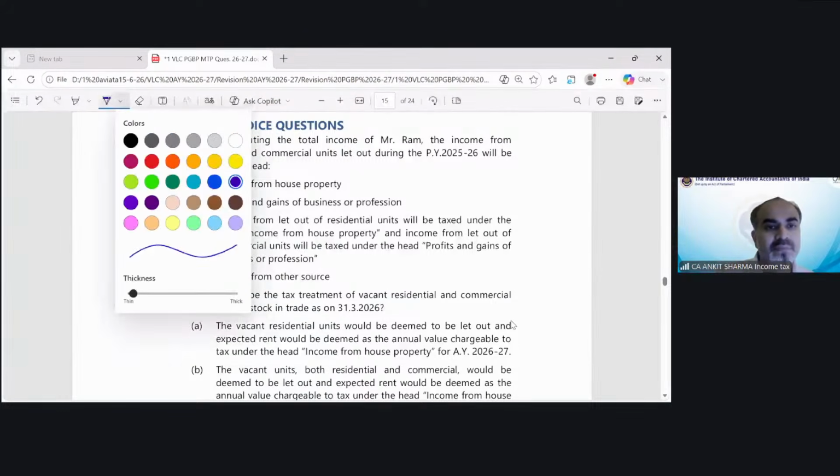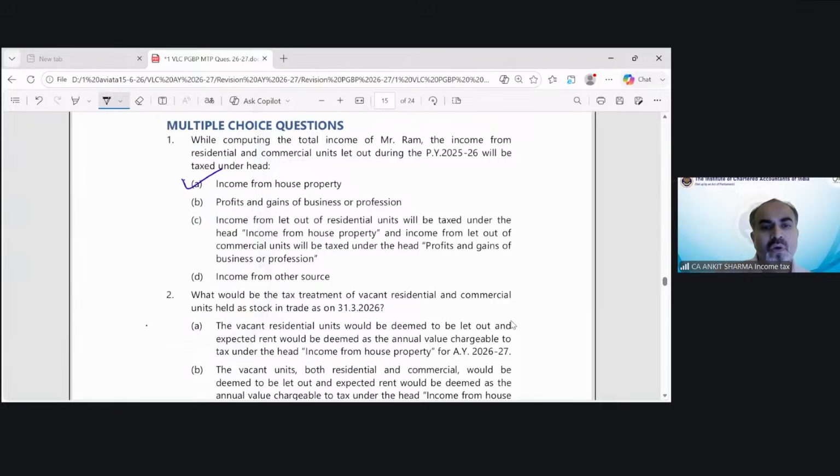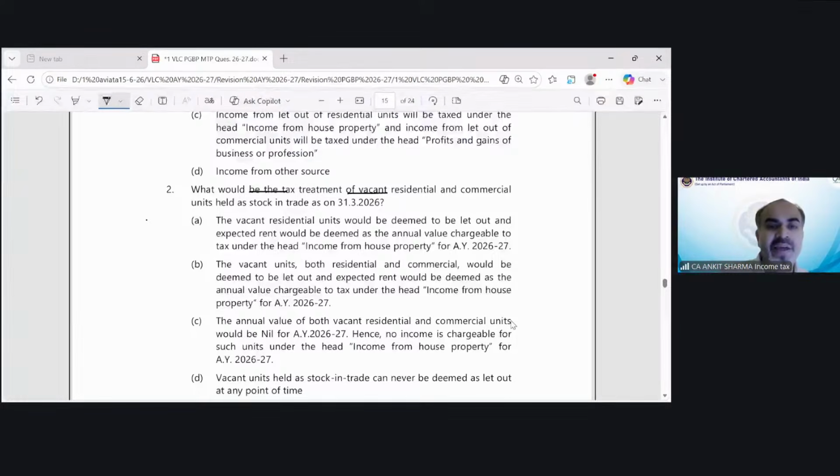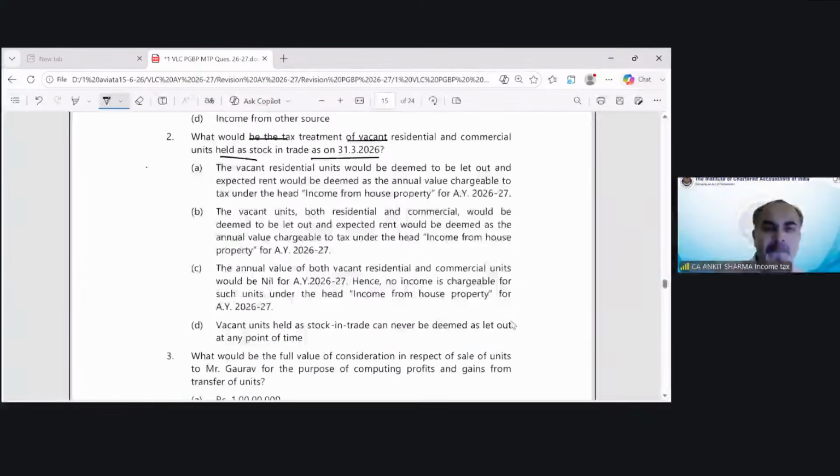Next is, what would be the tax treatment of vacant residential and commercial units held as stock in trade as on 31st March 26? For properties with a builder, the provision says if the property is not let out, then that property's annual value would be treated as nil for 2 financial years from the year in which the completion certificate has been received.